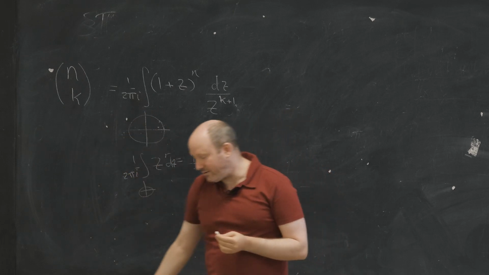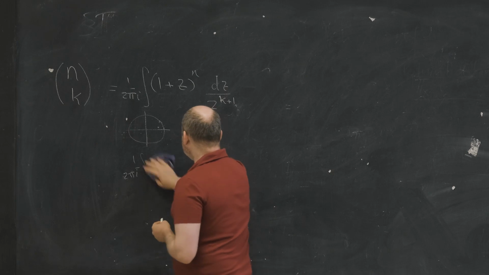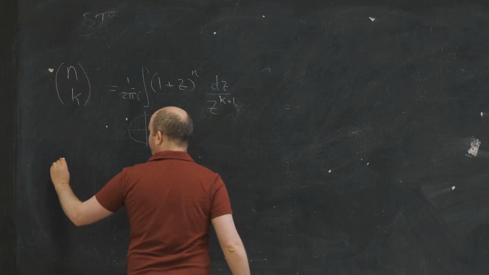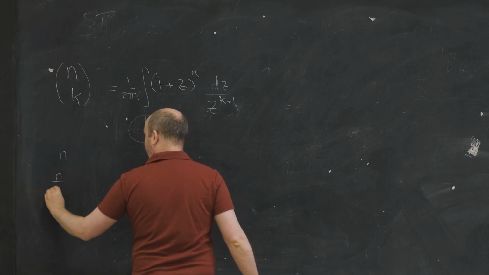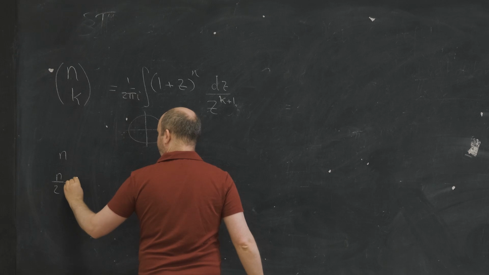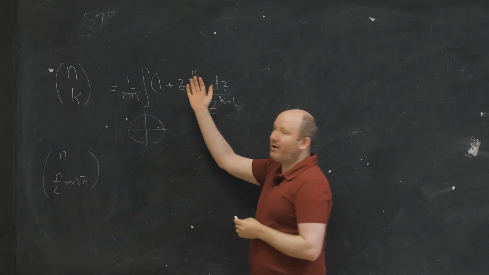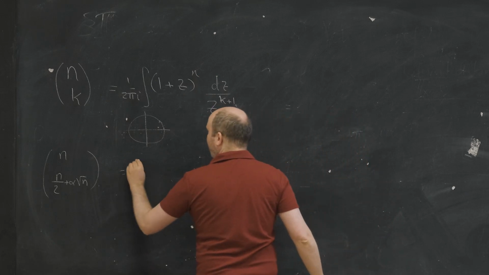So what was the point of doing that? Well, if I now want to take, for instance, n choose n over 2 plus alpha square root of n, I can rewrite this in exactly the same way and get an expression.